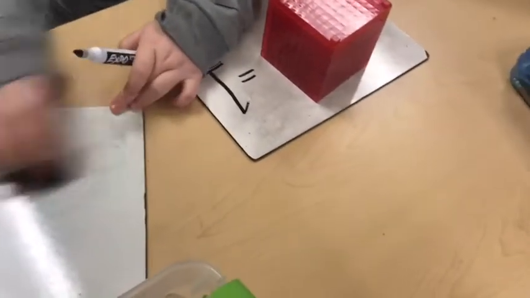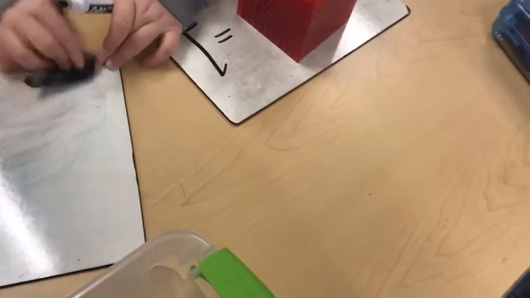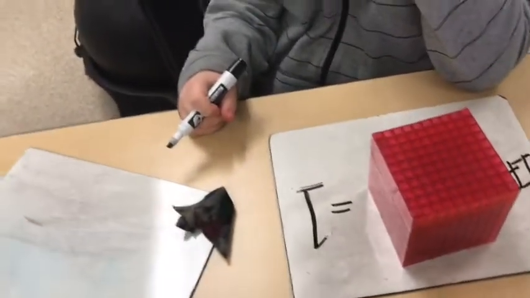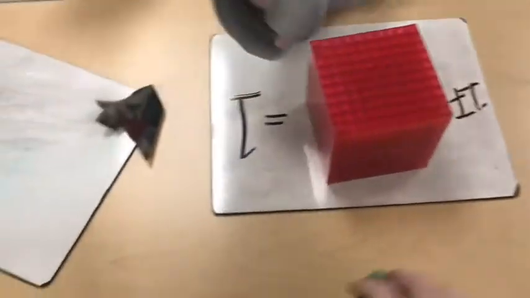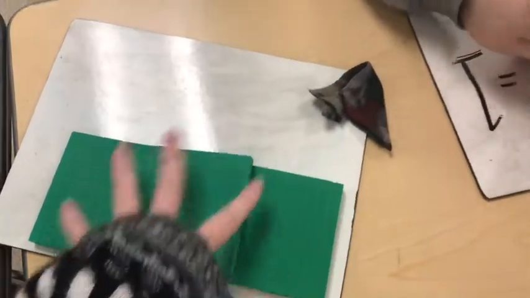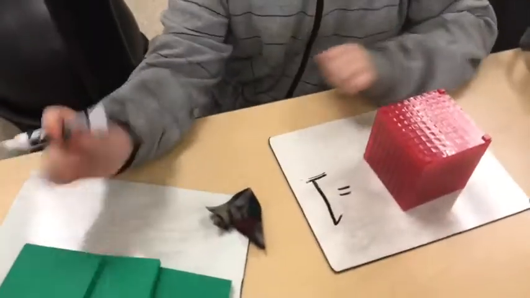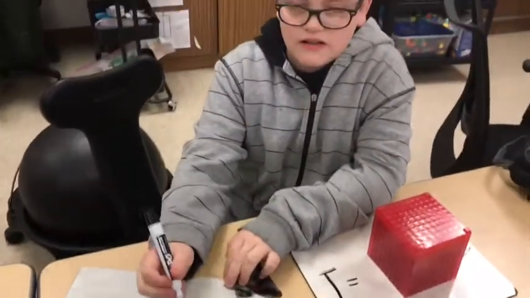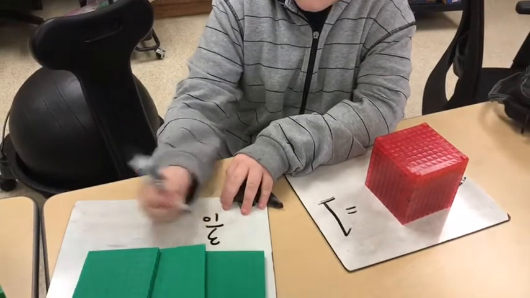Let me give you another one. All right, so this is still 1 whole. Okay, Reed? So now I want to know what number would represent these pieces then. 3/10. Okay, can you show me both ways?